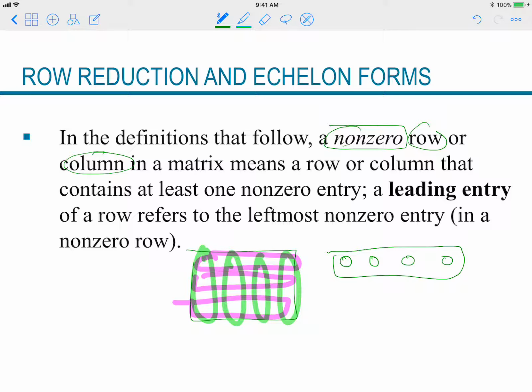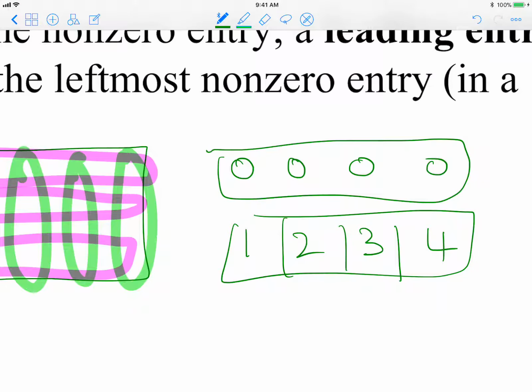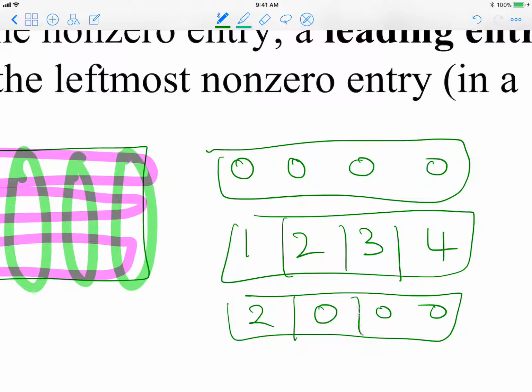A row like this one will be a non-zero row, but at the same time, maybe 2, 0, 0, 0 will also be called a non-zero row. That means if we have at least one non-zero entry in our row or column, it is called a non-zero row or column.